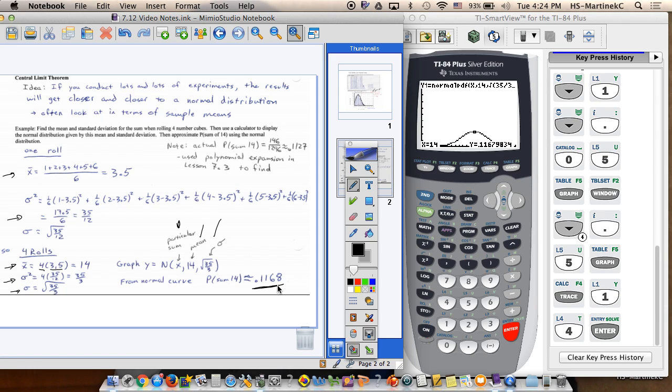I figured out the actual probability using things from lesson 7.3, and the actual probability of getting a sum of 14 is exactly 0.1127. You can see that these two values don't match exactly, but they're really, really close. And it was a whole lot faster to graph this normal curve than it would be to list all 6 to the 4th possible ways to get sums and find the probability by hand.